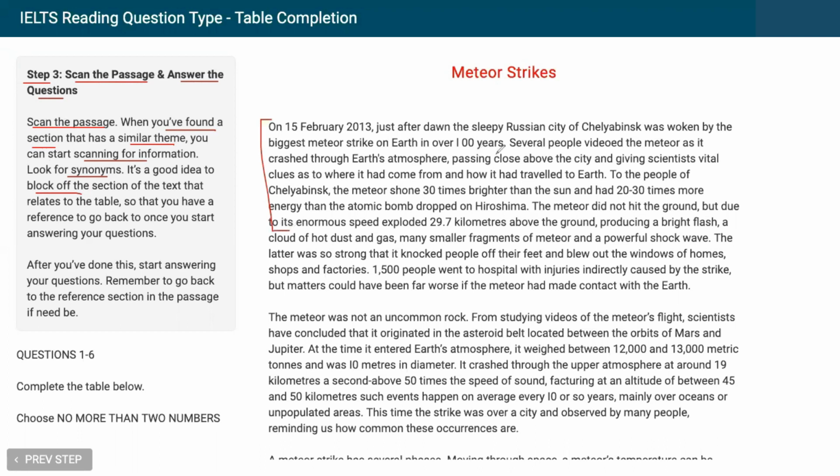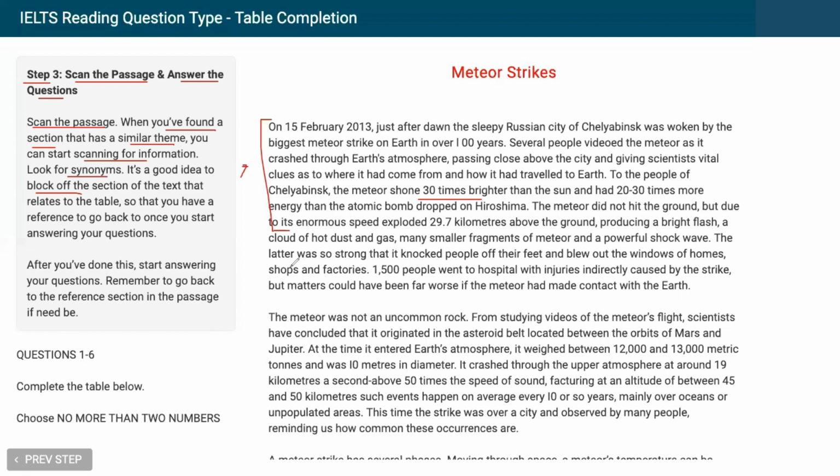So for example, if I see a number such as 30 times brighter, if I block off this section, I can reference it and I can go back to it when I start answering my questions, or I could skip a question and make a little note in my margin for where I should go back to when I come back to that question.